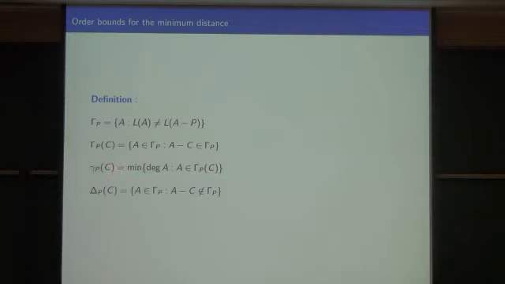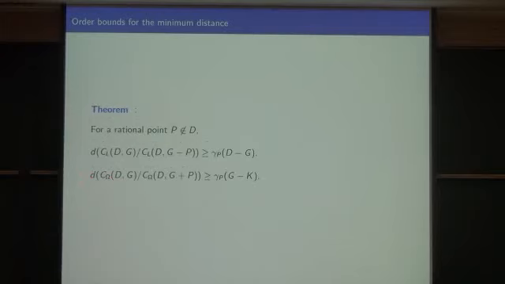And then we think about the complement of gamma PC, which is A in gamma P where A minus C is not in gamma P. Okay, so this is what we're going to study, delta PC. Why are we studying delta PC? Because, so the theorem is, for a rational point P not inside D, the coset bound can be represented in terms of gamma P. Right?